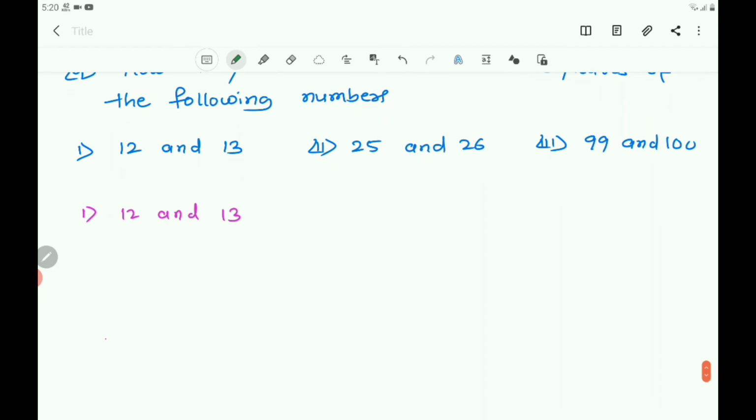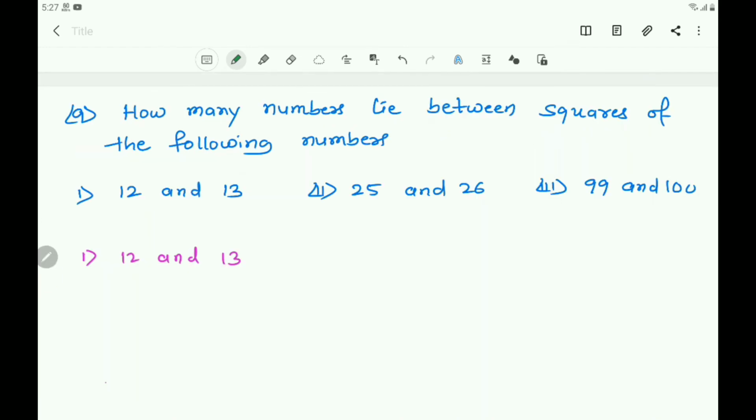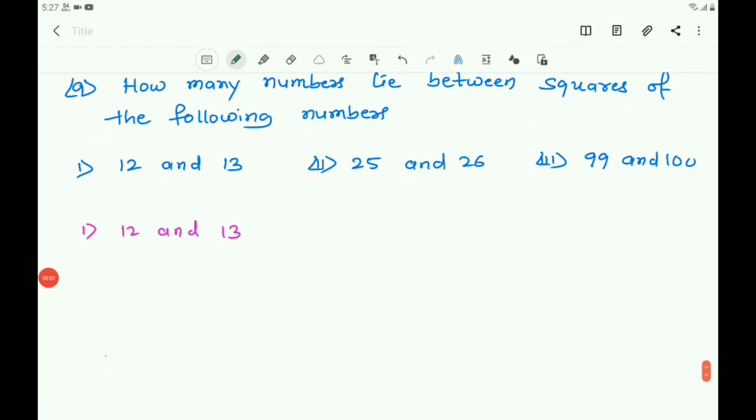Here 12 and 13. So here n equals 12. And 2n means that is 2 into 12, that equals 24 numbers.